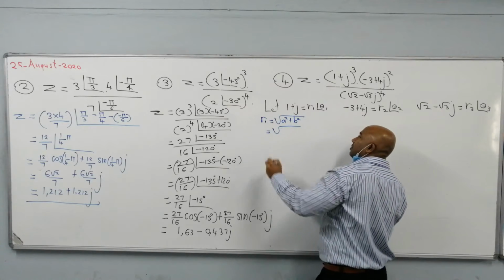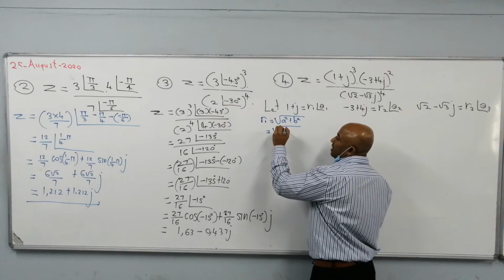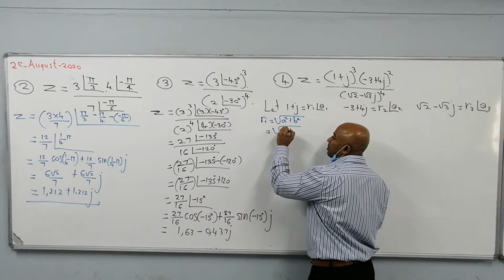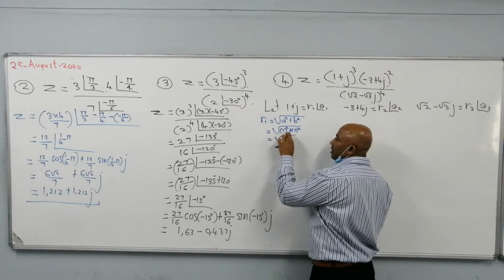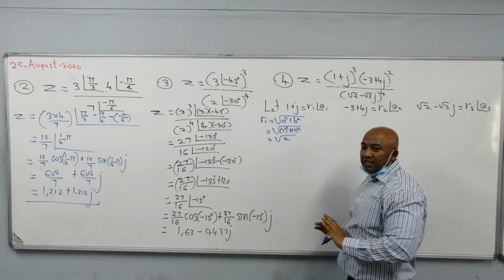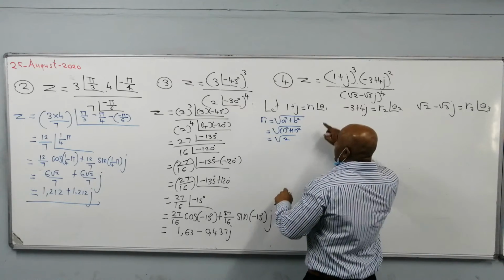Remember your diagram, theorem of Pythagoras. That's 1 squared plus 1 squared, so the square root of 1 plus 1, which is 2. Let's just leave it as the square root of 2.